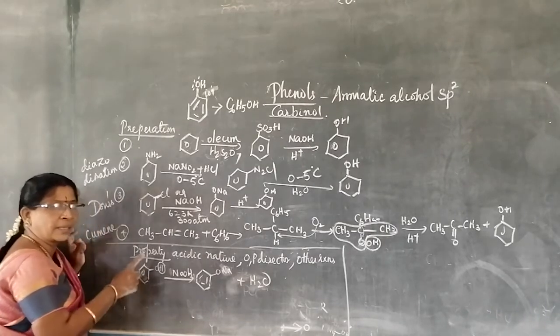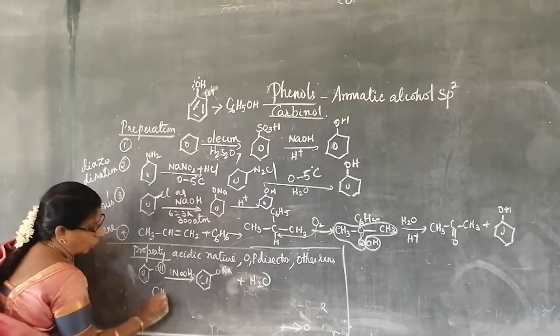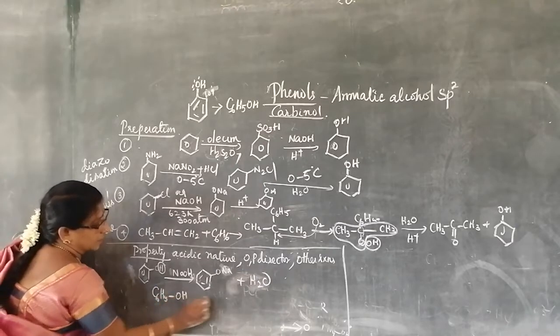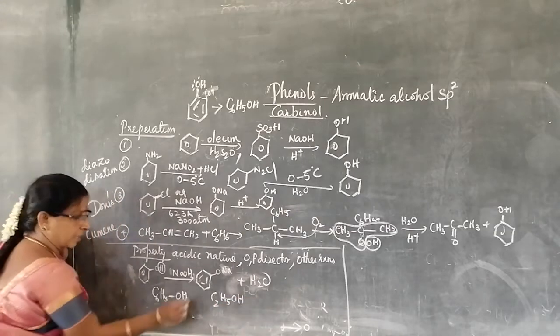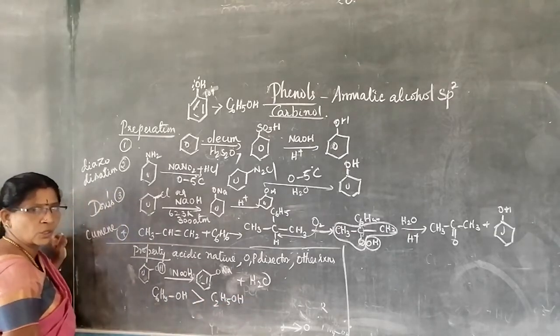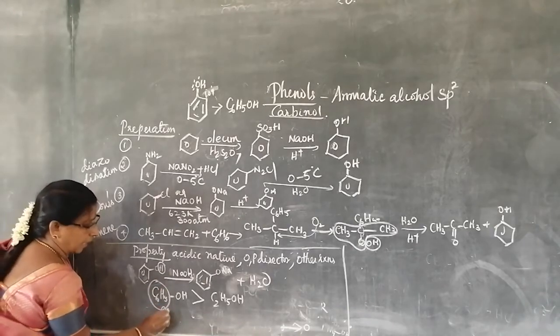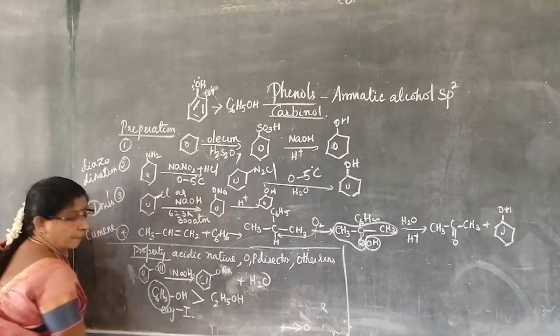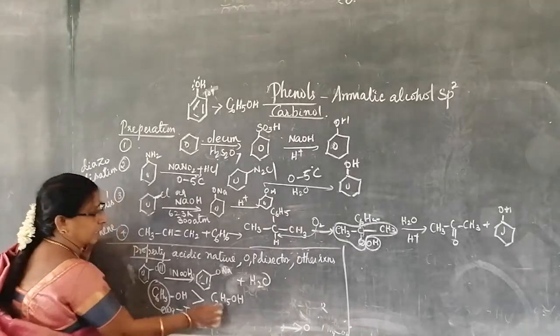Now let us compare the acidic character of phenol and ethanol. Phenol is C6H5OH. Ethanol is C2H5OH. Which will be more acidic? This will be more acidic. Why is it more acidic? Because the phenyl group is an electron withdrawing group with a minus I effect, which is directly proportional to acidity.